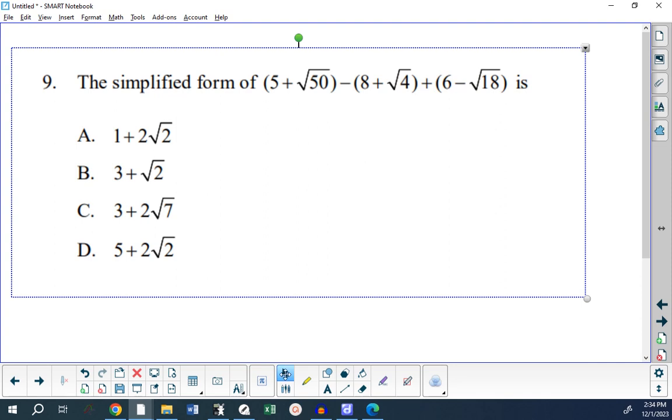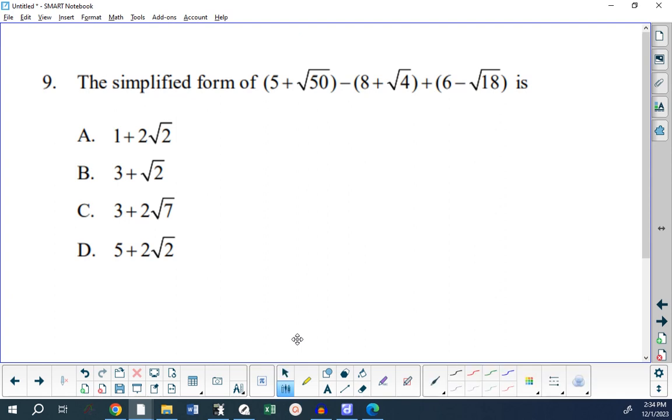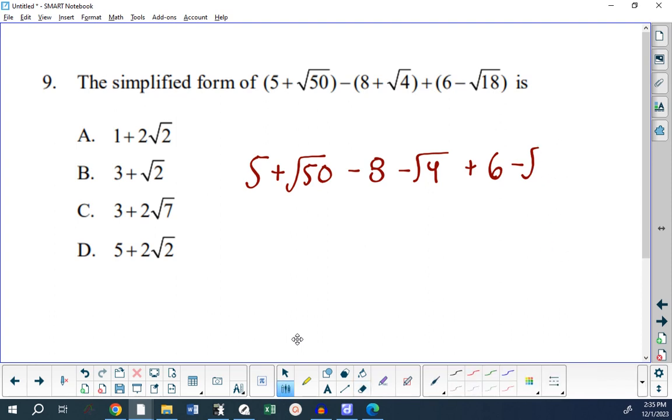First thing I'm going to do here, Taya, is I'm going to peel off all of those brackets. Remembering, of course, that when you subtract something in brackets, you have to subtract everything. So that's why it's minus 8 and minus root 4.